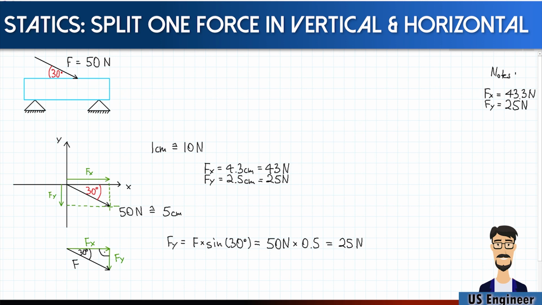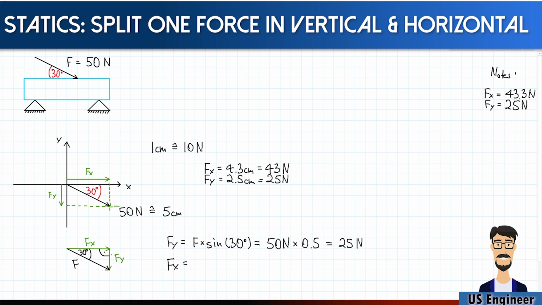Okay? And to calculate Fx, you're going to use the cosine. The cosine is defined as the ratio of the adjacent leg and the hypotenuse.